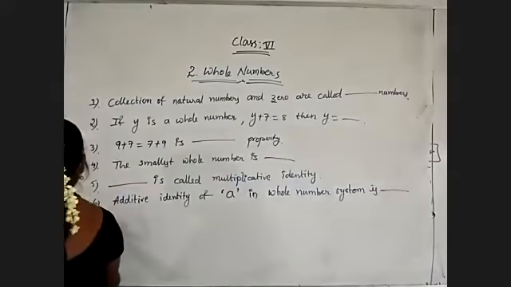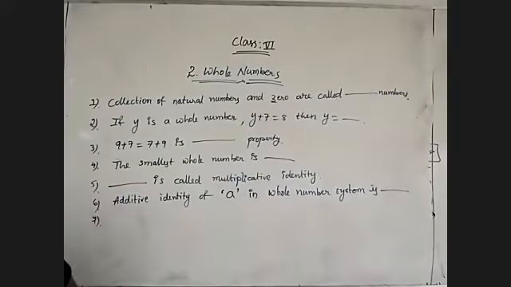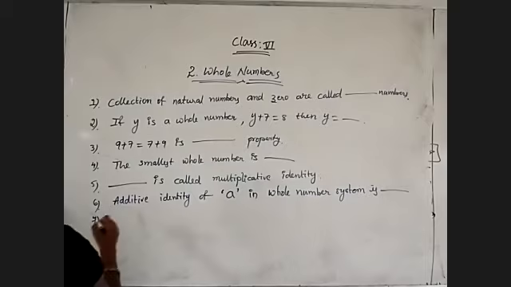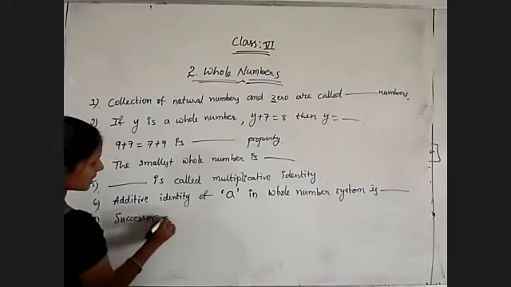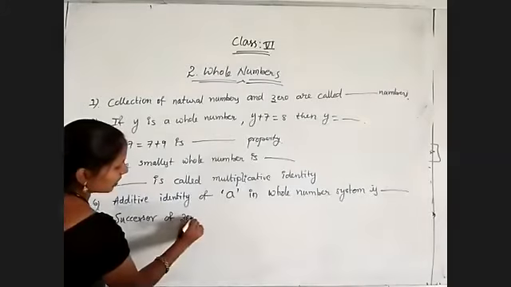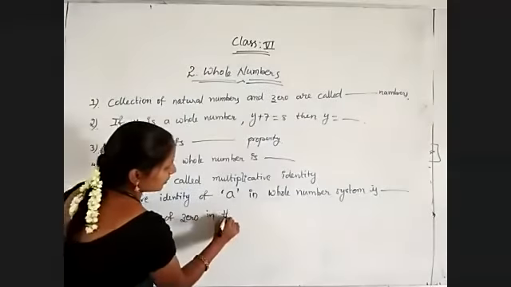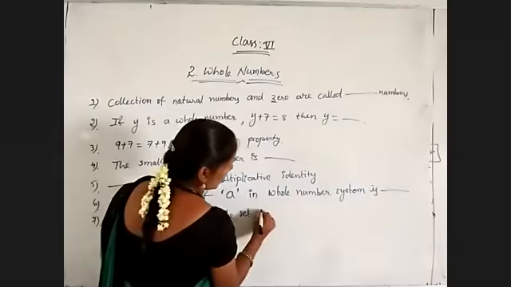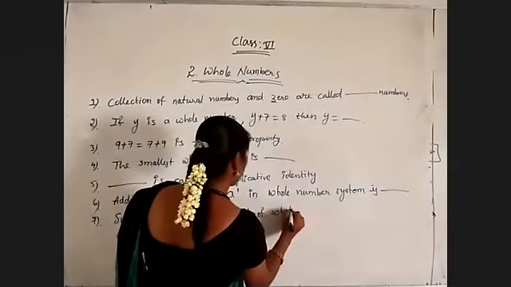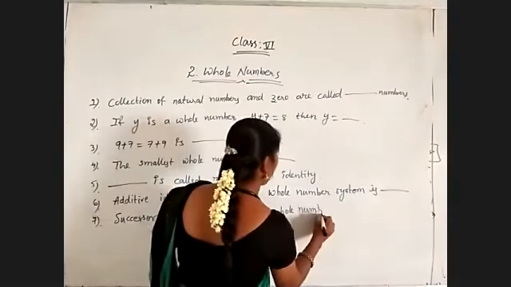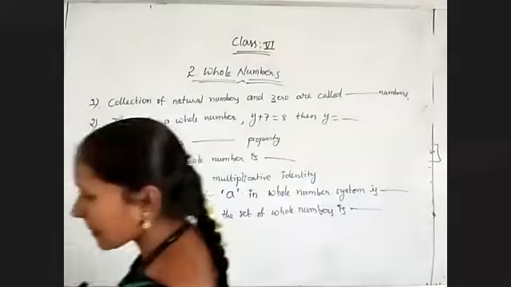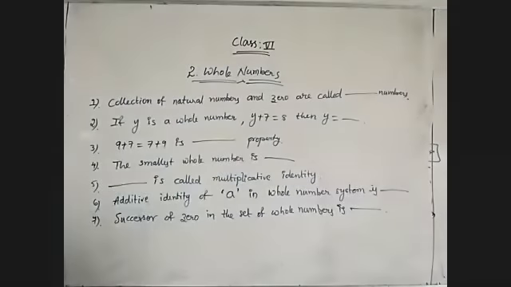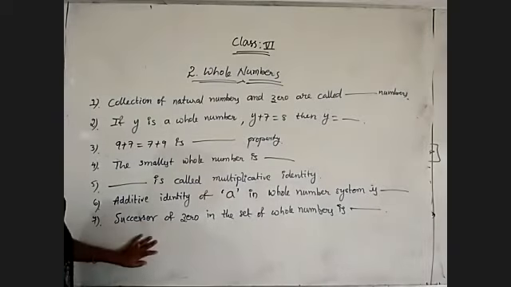And next question. Successor of 0 in the set of whole numbers is. Okay, after this I'll continue the question.